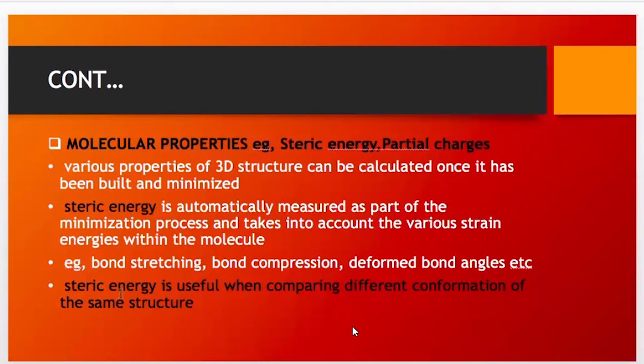Okay, so with these same 3D structures that you may have constructed using molecular modeling, the software is able to give you molecular properties, properties to do with steric energy. Steric energy is trying to give you information on the strain that this molecule is undergoing.